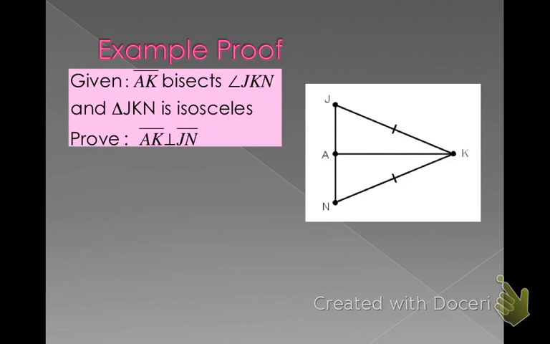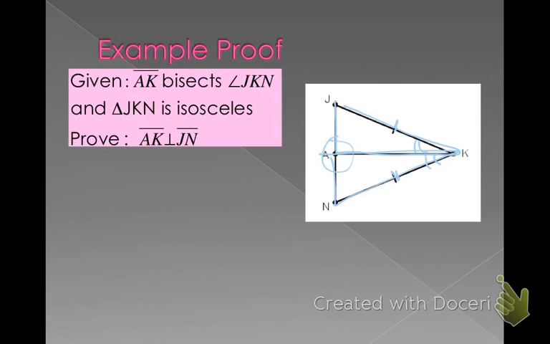So for example, if we're told that AK bisects JKN, so we're kind of working backwards from the proof, and that we have an isosceles triangle, well that's already given to us. We're being asked to prove that this part here is perpendicular. So here are my two triangles. The next thing that I'm going to try to do is show that the two triangles are congruent.